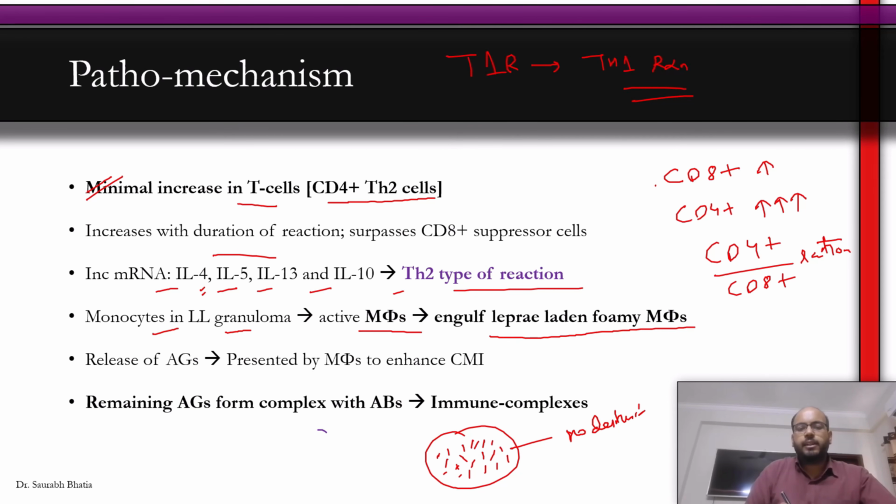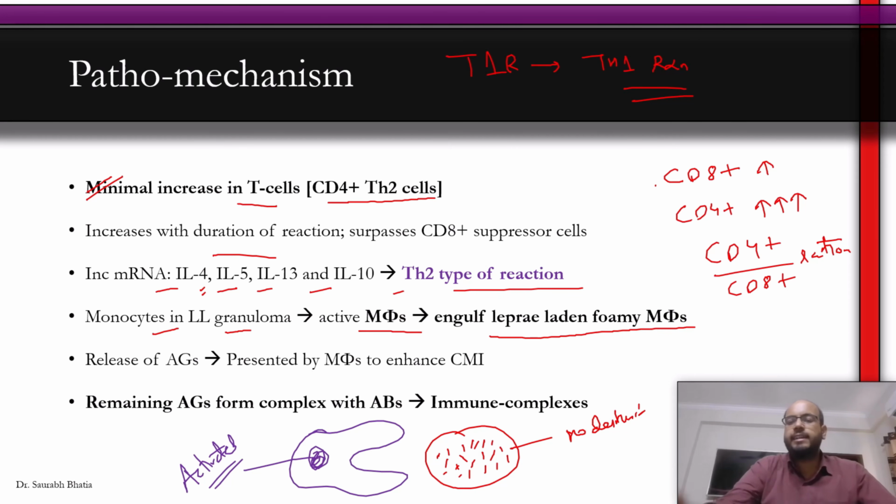But during ENL, you have other macrophages which get activated, and then after activation, they will go and attack the macrophage which is filled with M. leprae. Clear? When these M. leprae filled macrophages are attacked, they will release antigens, which are the leprae antigens, because now the leprae are getting destroyed. And these antigens are presented by other macrophages to the cell-mediated immunity.